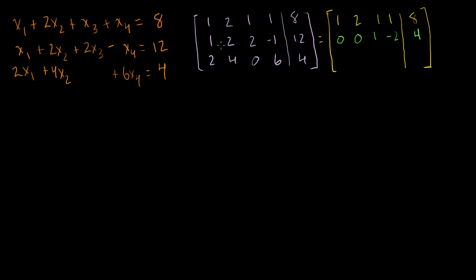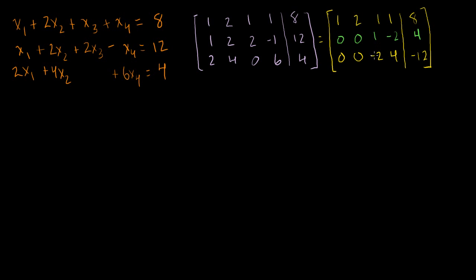So we get 2 minus 2 times 1 is 0. 4 minus 2 times 2, well, that's 0. 0 minus 2 times 1, that's minus 2. 6 minus 2 times 1, well, that's 4, right? And then 4 minus 2 times 8. Minus 2 times 8 is minus 16. 4 minus 16 is minus 12.